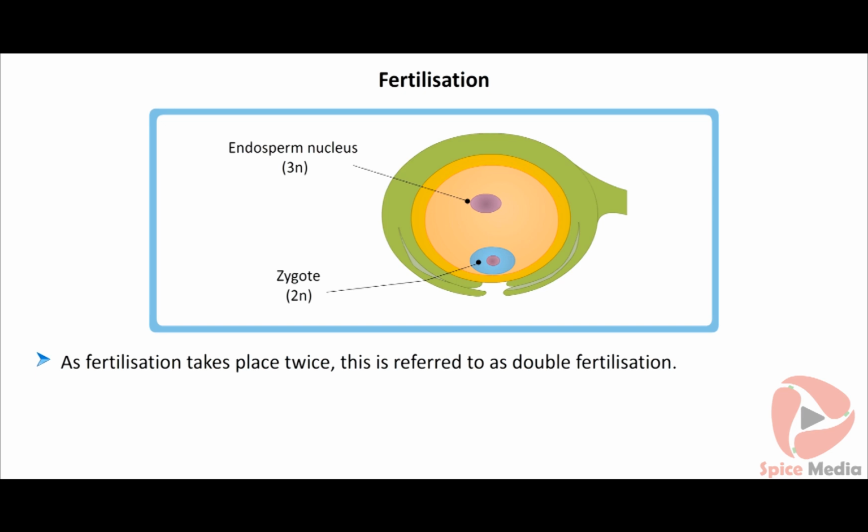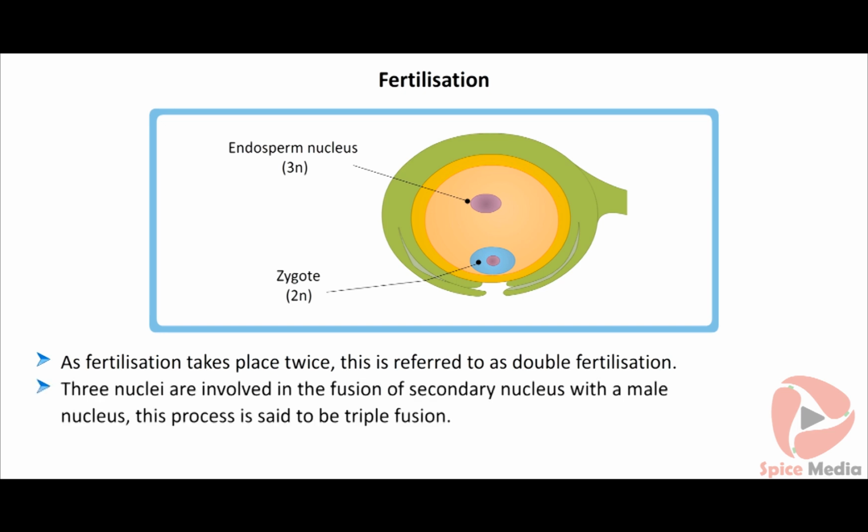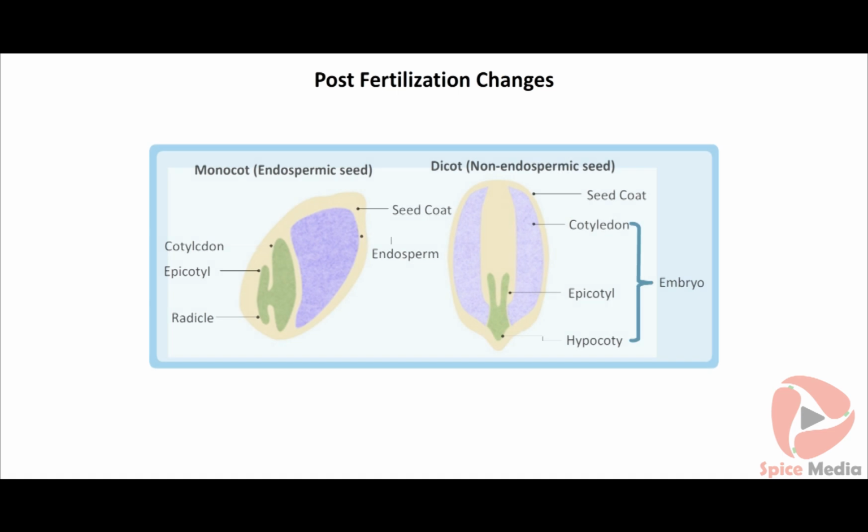Secondary nucleus is already a fusion of two polar nuclei. Since 3 nuclei are involved in the fusion of the secondary nucleus with a male nucleus, this process is said to be triple fusion. After fertilization, ovary develops into a fruit and the ovules develop into seeds.